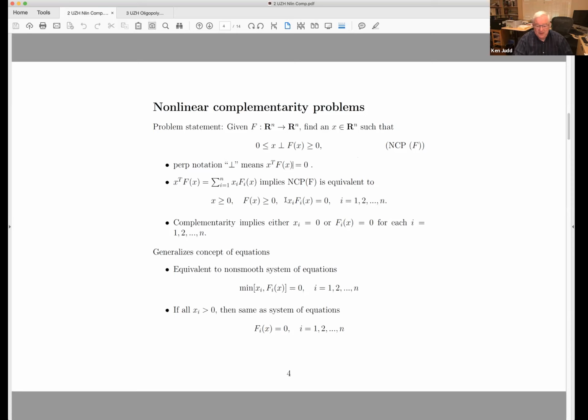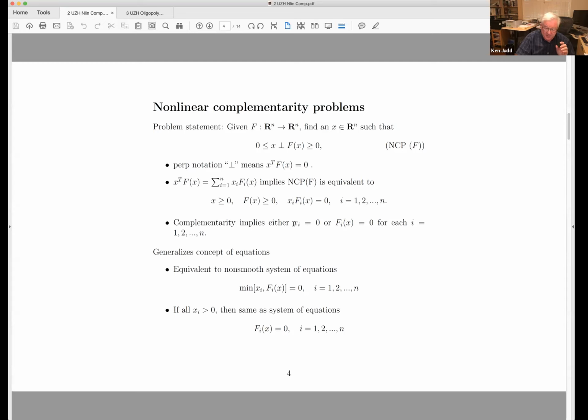Actually, what you really are saying is that for each i, either x_i is 0 or f_i, the i-th function, is 0 at x. Complementarity requires that either x_i is 0 or the function f_i is 0, for each equation, for each pair. Notice that this can't be done arbitrarily.